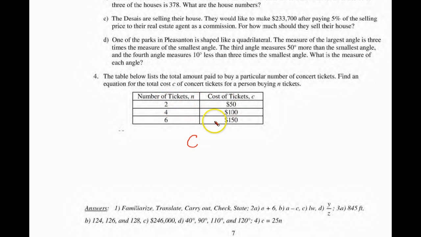Well, can you see it's $25? Now, again, whether I would know to put it like that, that's pretty tricky there. But I know that each ticket costs $25. That's the cost of each ticket.